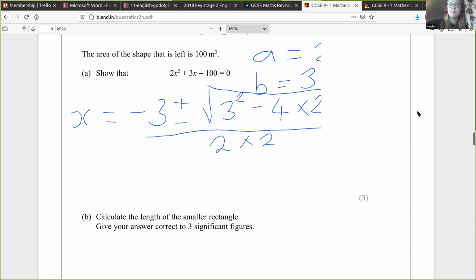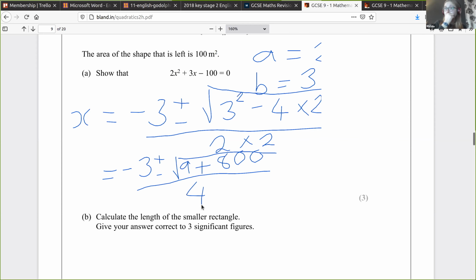And again, we've got minus signs there, so don't forget, it's often easier to not just chuck that straight into a calculator. So if we're going to simplify this a little bit, we've got minus 3 plus or minus the square root. Well, 3 squared is 9. So we've got 9 minus 4 times 2, 8 times minus 100, minus 800. So that's going to be plus 800, all over 2 times 2, which is 4.